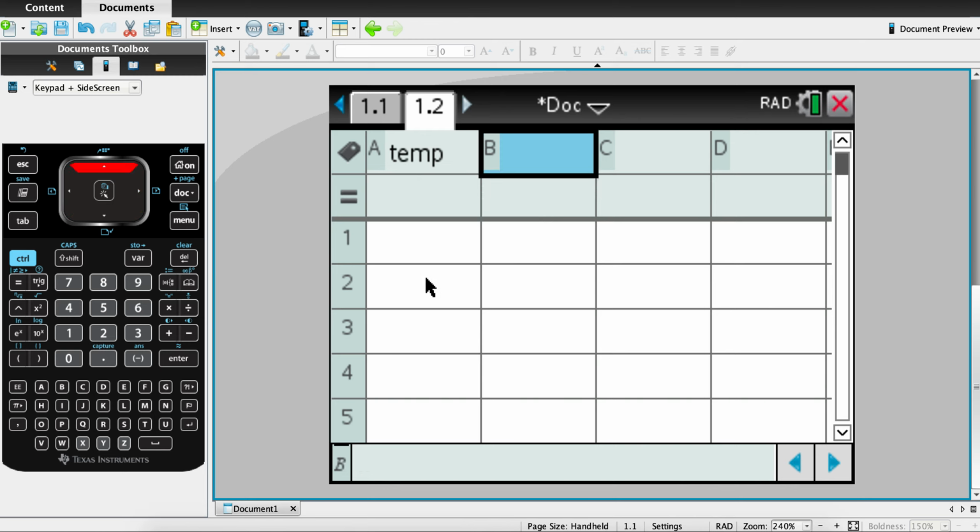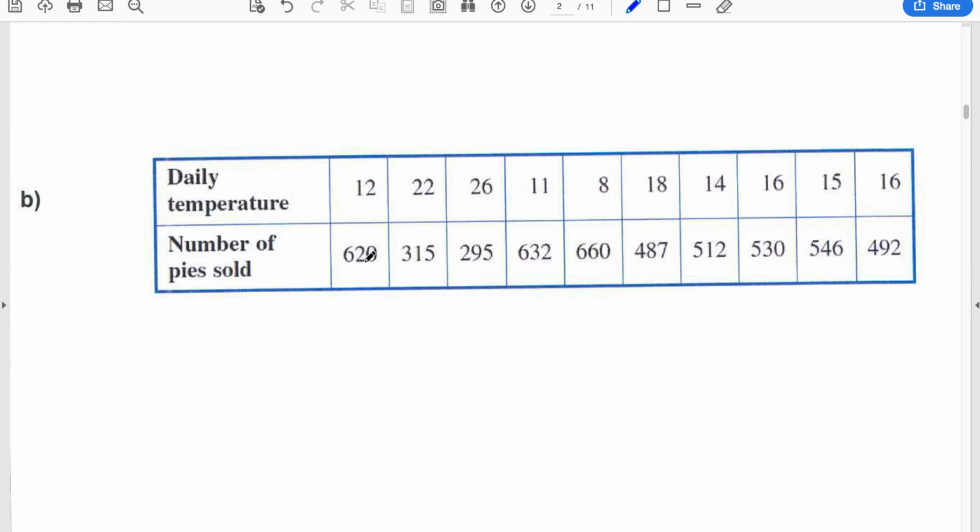Okay, so the temperatures I would then enter into the calculator. These would come from a table, and this one is in your notes, like so. And then I would write in the data for pies. Now just make sure that you match them. So in the table, I'll show you what I'm referring to. It's just this one here. I just need to make sure that the data lines up. So next to 12, I need to have 620. Next to 22, I need to have 315.